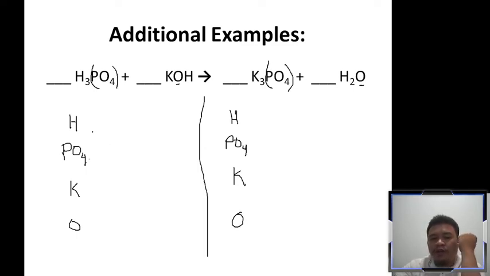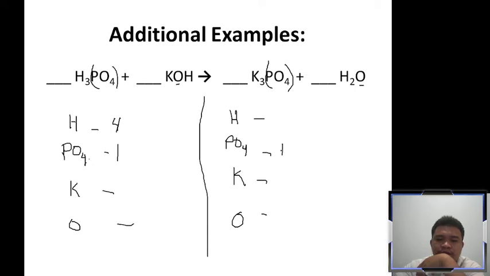Now let's do a tallying first, rather. Let's tally. H here is, as you can see, 1, 2, 3, and including this one, it makes up to 4, right? PO4 here exists as 1, so we write this as 1. By the way, we forgot the H2 here. So H here is 2 because there's a subscript of 2.